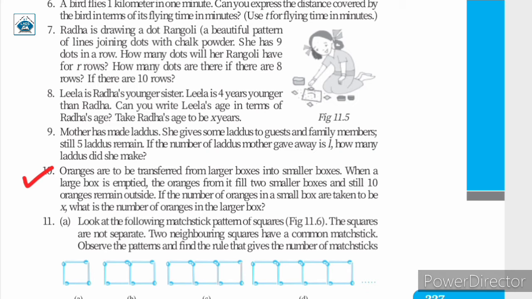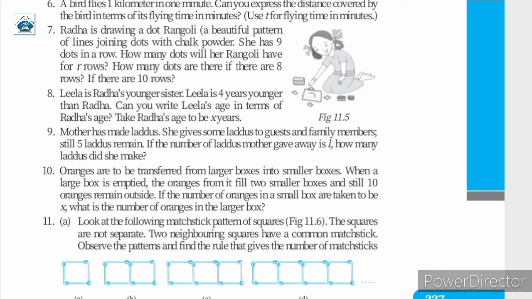Here we are told that there is a large box and a small box, and oranges are transferred from the large box into smaller boxes. So when one large box is emptied, the oranges from it will fill 2 full smaller boxes, and we have 10 oranges left outside the boxes.